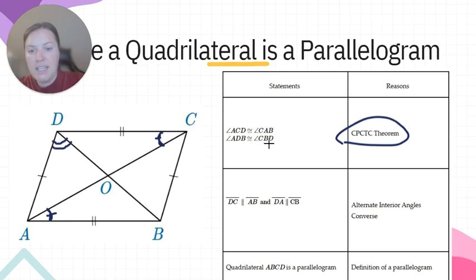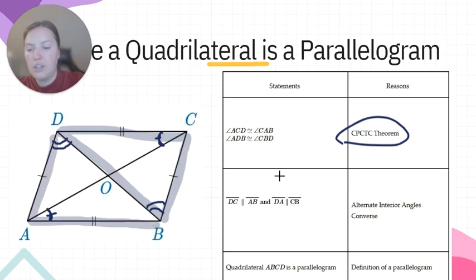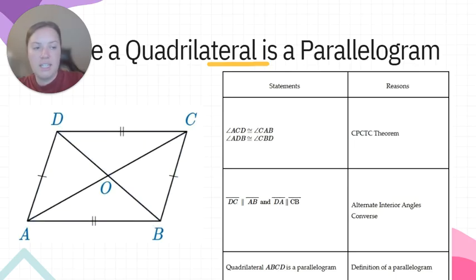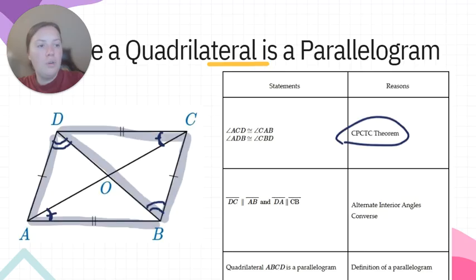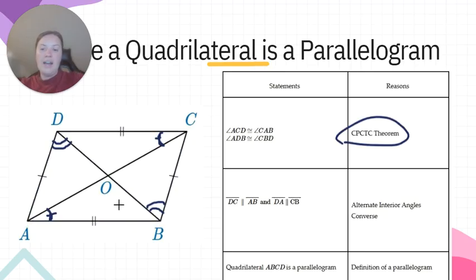and CBD, this angle here, are congruent to each other because these two triangles are congruent to each other by side, side, side. So now that we have alternate interior angles that are congruent, by the converse we have parallel lines.